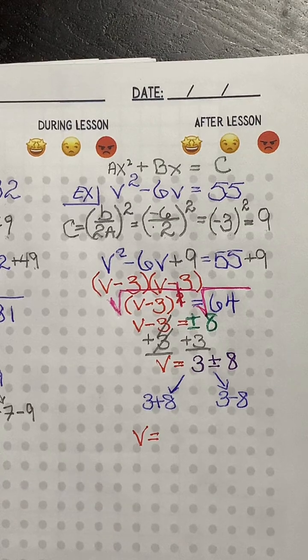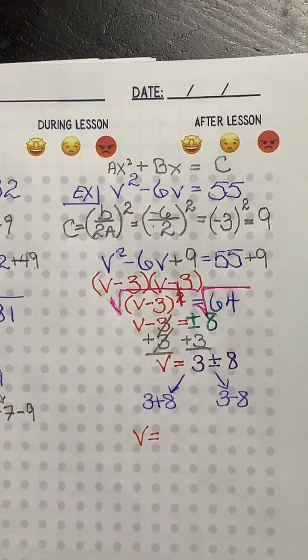All right, so Jasmine says 11 and negative 5. Do we agree? Oh, it's a battle. Fight to the death. No, Barney, you were close. The only thing was your signs. Okay, that was the only thing that was different.